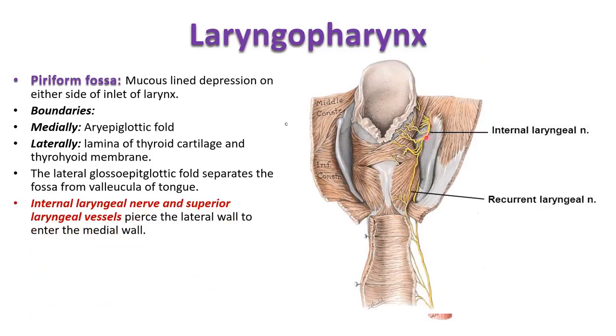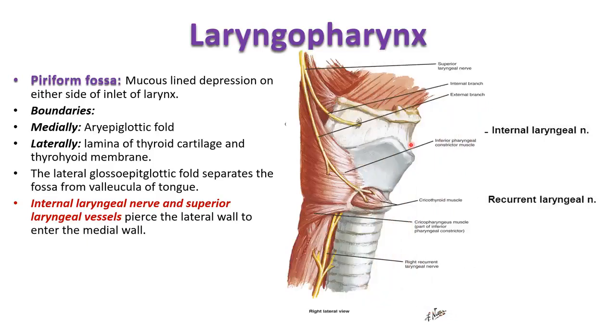They pierce the lateral wall and then the medial wall, mainly entering the cavity of the larynx to supply its mucous membrane. On their way, they pass through this pyriform fossa, which is a part of the laryngopharynx.